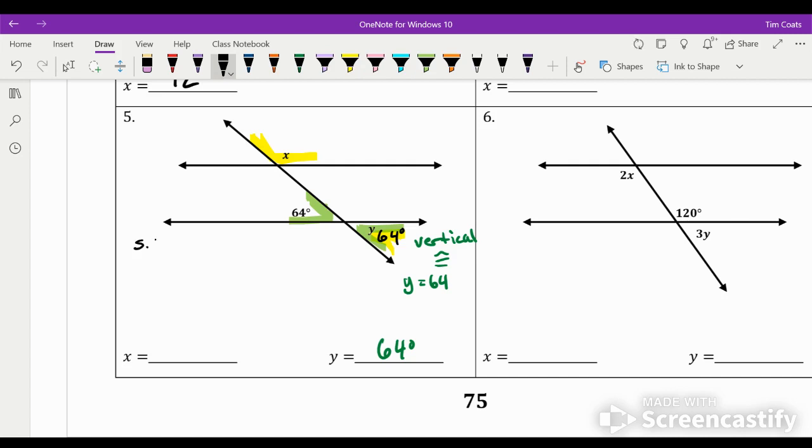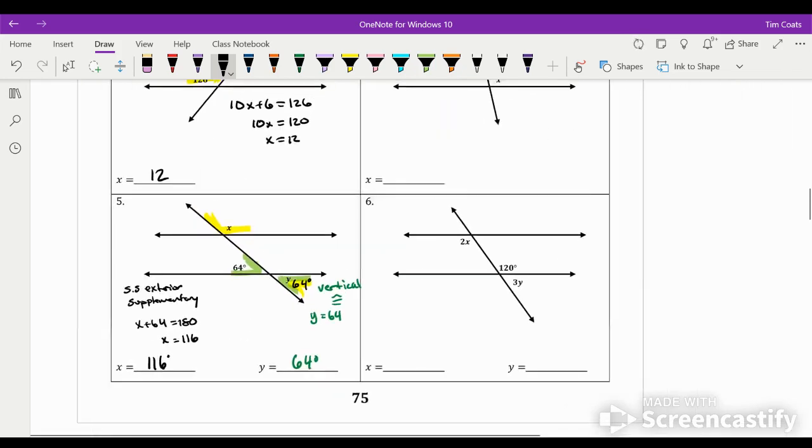Since those are same side exterior, we know they're supplementary. So x plus 64 has to equal 180. So this is a two-step problem, right? It needs to cause us to slow down and identify, but there you have the basic idea of what's going on.